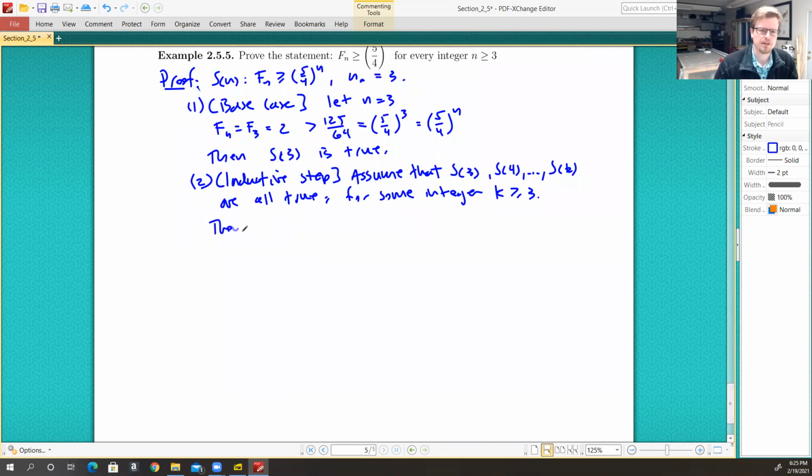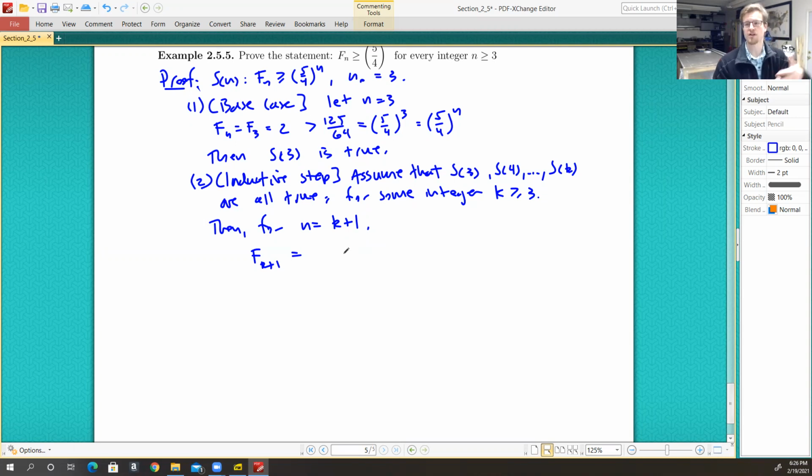So then, for n equal to k plus 1, we want to show S of k plus 1 is true. So we've got F sub k plus 1. Now, in order to bring this into terms of 5/4 to a power, we want to write it in terms of things we know compared to 5/4 to a power.